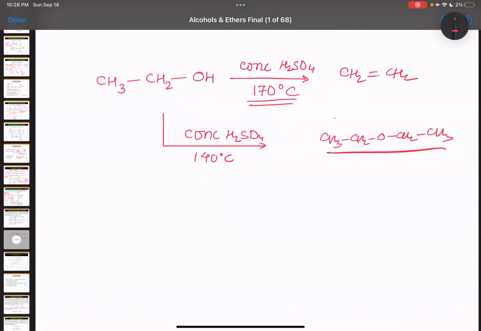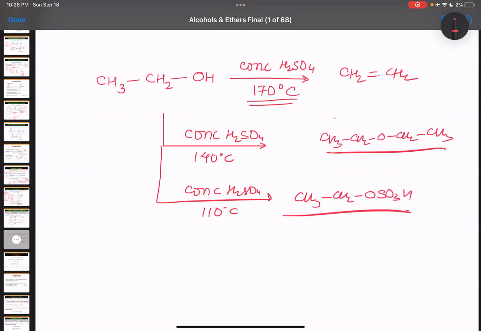Clear? So you need to remember this. This is very, very important. And it is there in your NCERT also.